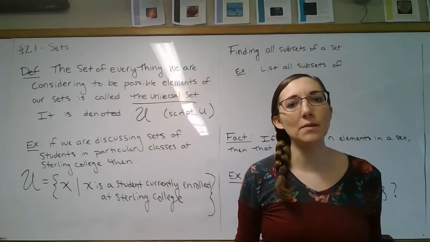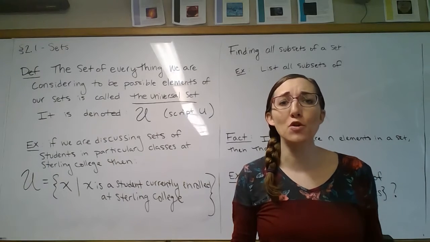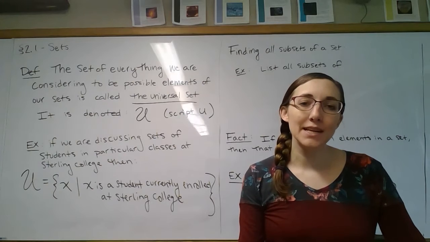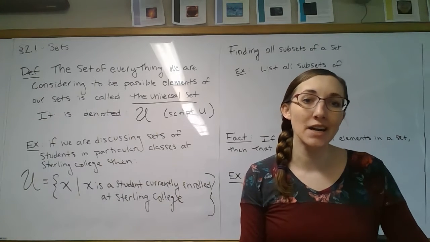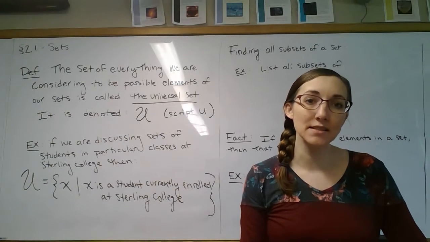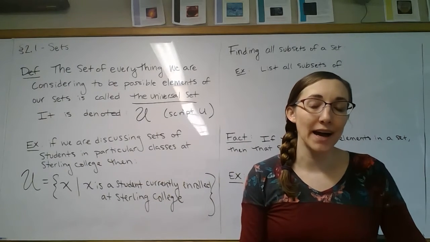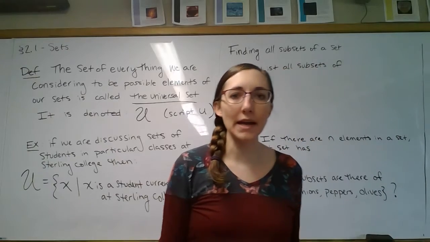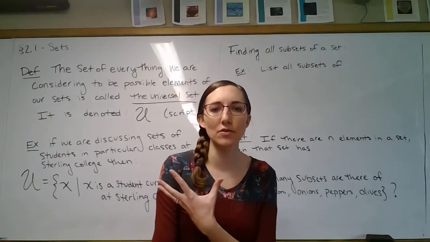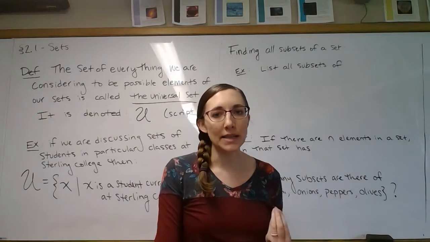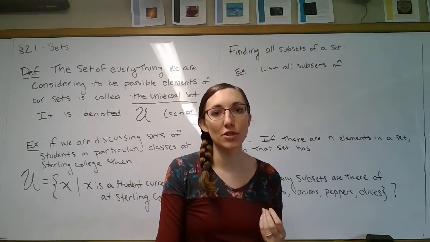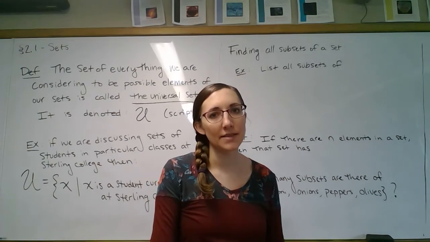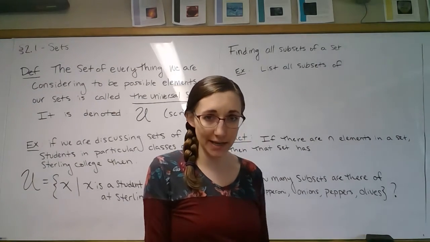Sometimes, based on an example, we can interpret what our universal set is, and sometimes in an example, we'll just define what the universal set is and use the defined one. One of the things we're going to do next, going back to the idea of subsets that we just learned, is find all of the subsets of a set. So let's try an example.